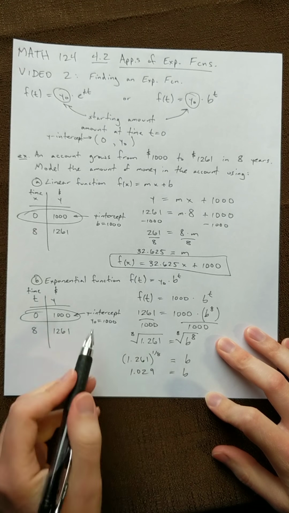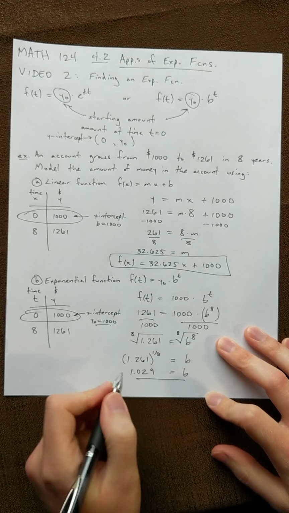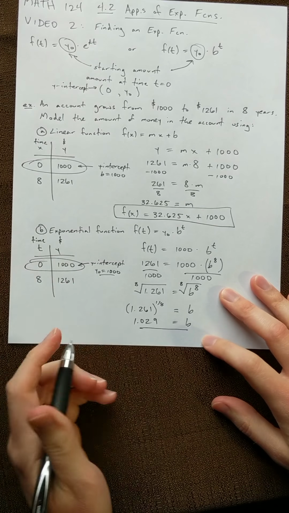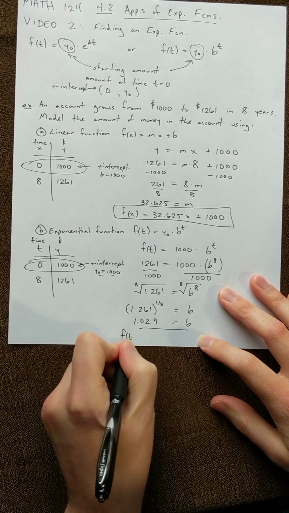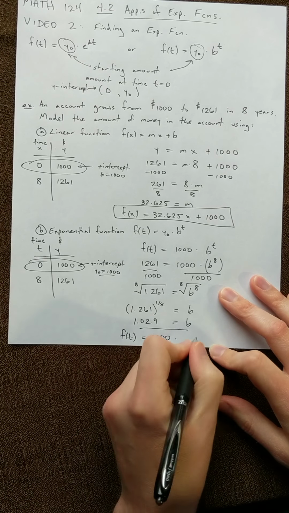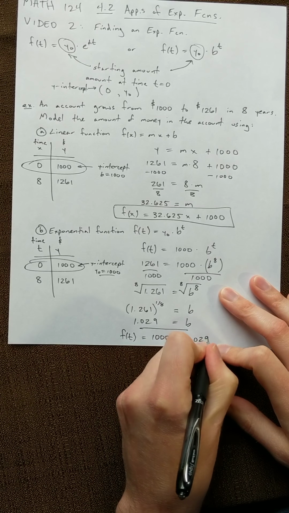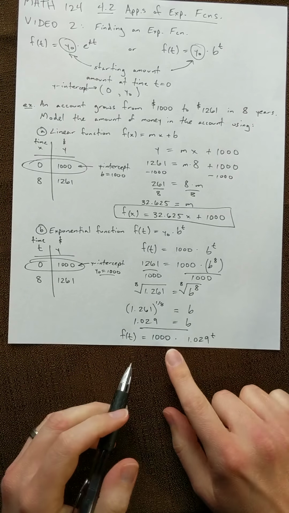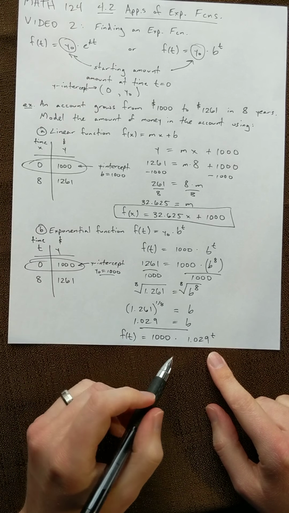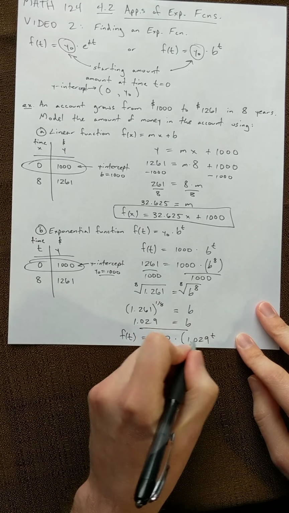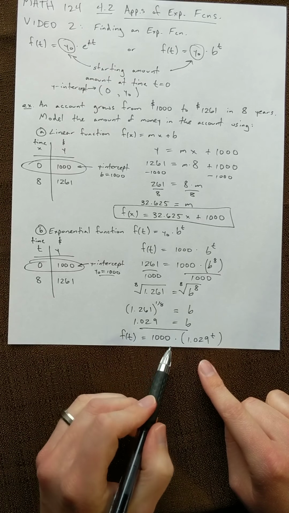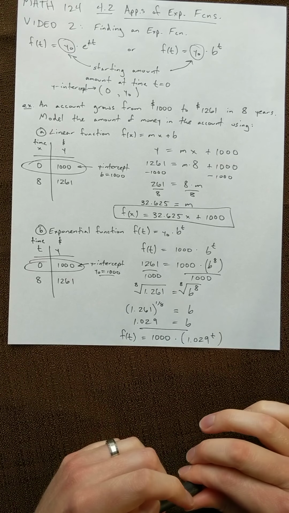Okay, so we now know y0 and b, so we can plug these into our equation to get an exponential function. F of t is equal to y0 times b to the t, 1000 times 1.029 to the t. And I can probably leave it like this, but if I wanted to make sure I don't make any order of operations mistakes, again, remember, the exponent would happen first, so our parentheses should probably go there. So I don't want to accidentally multiply 1000 times 1.029.